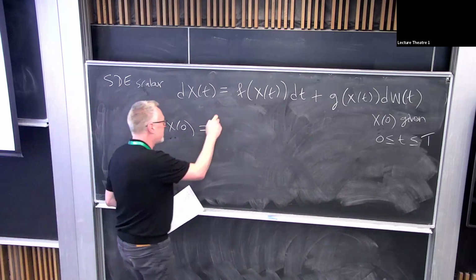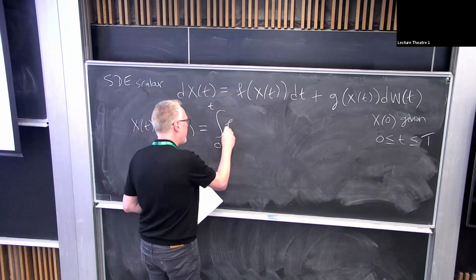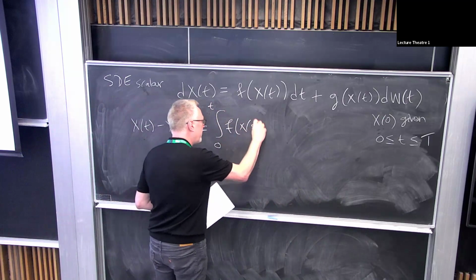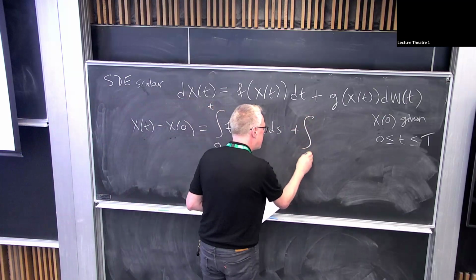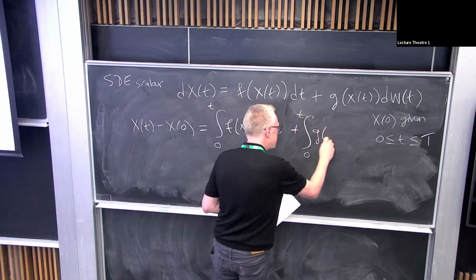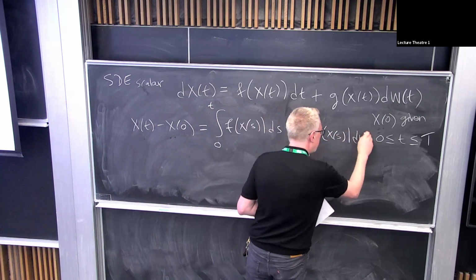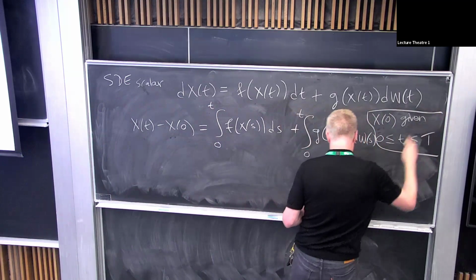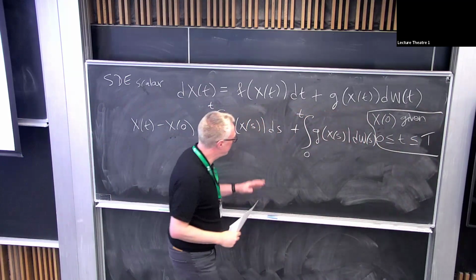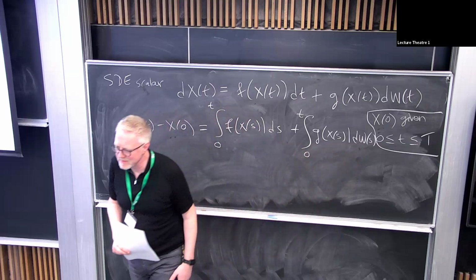So we integrate, and the new part here really is, how do we do this integral? How do we integrate with respect to Brownian motion?